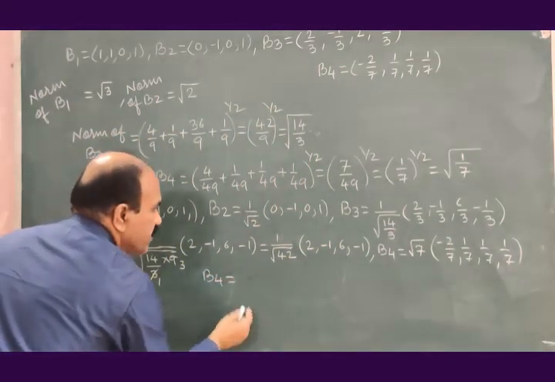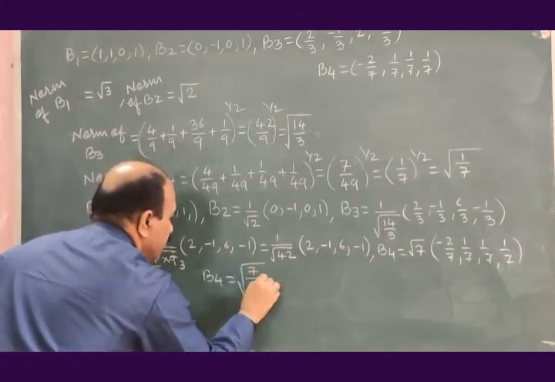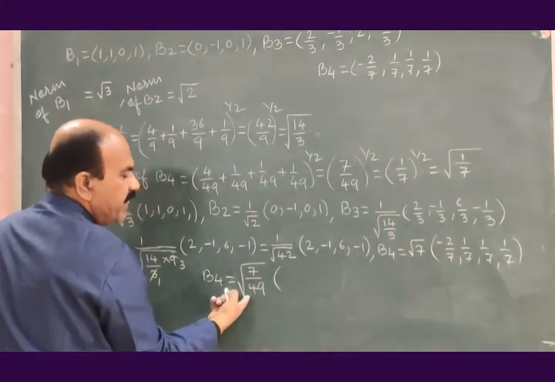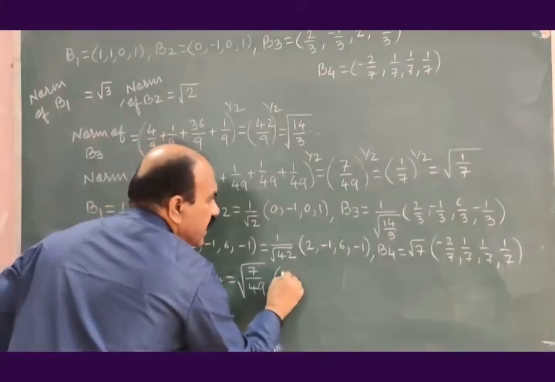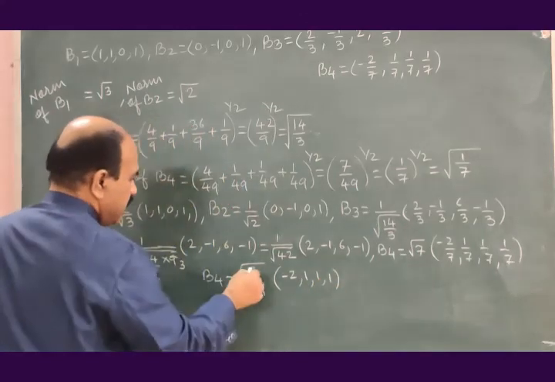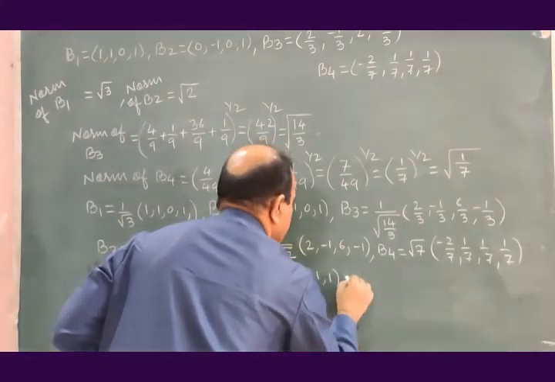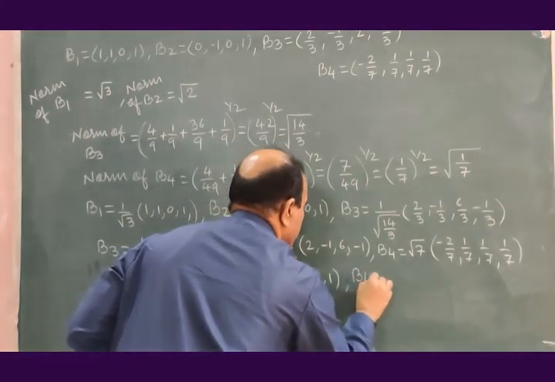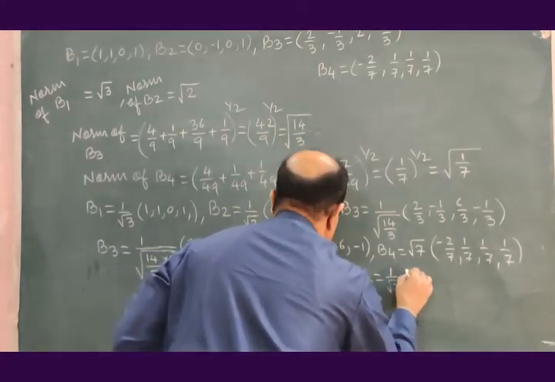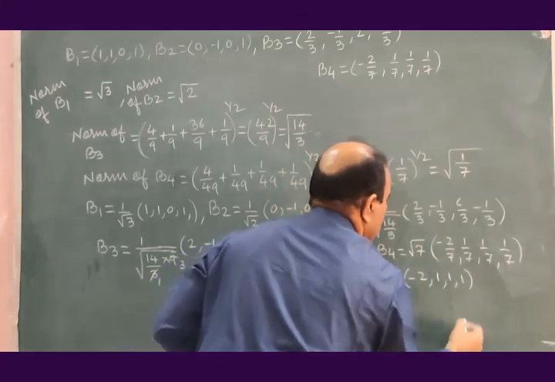So B4 is equal to square root of 7 divided by 49, the 7 taken common is taken inside the square root, and what is left is (minus 2, 1, 1, 1). 7 ones are 7, 7 sevens are 49, and so B4 is equal to 1 divided by square root of 7 into (minus 2, 1, 1, 1).